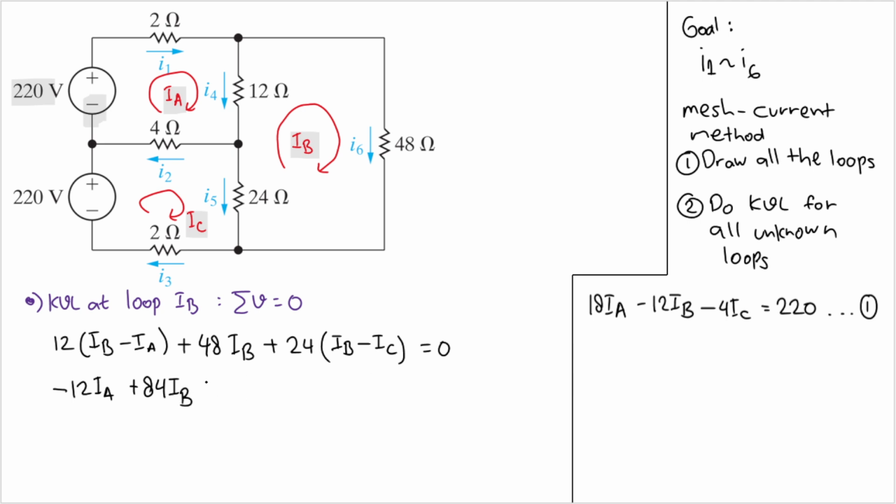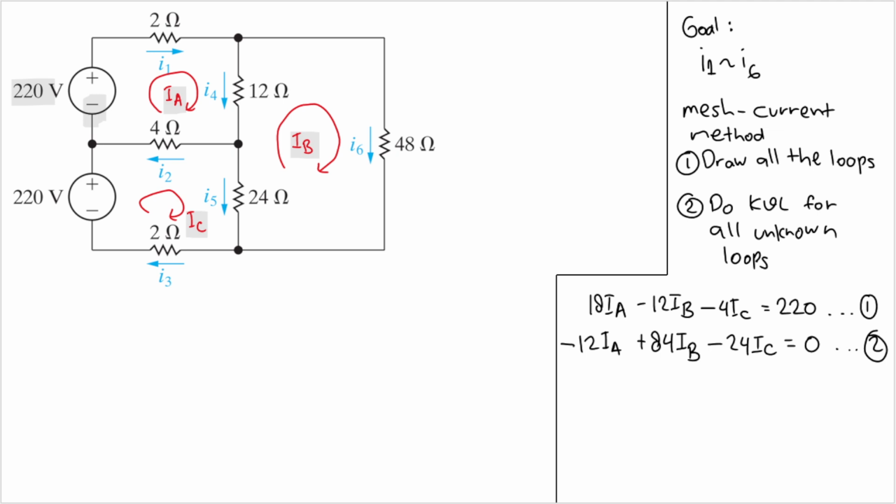And then we will have minus 24 IC. All of that will equal 0. Okay, and this is equation number 2. Probably let's put it here like before. And we need to do one more KVL at IC. Okay, now let's do another KVL, but this time at IC.